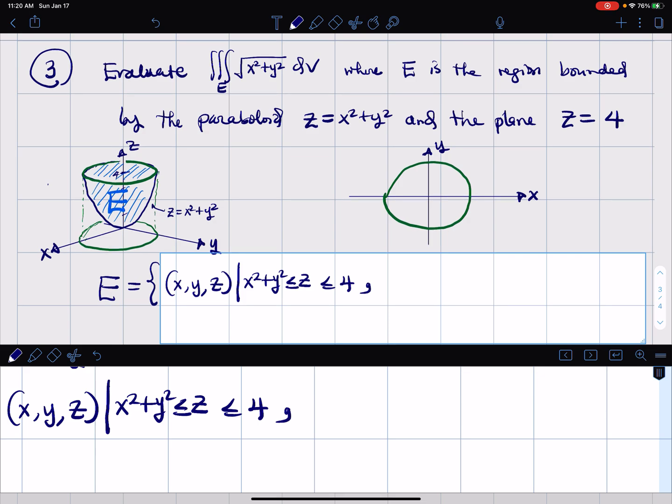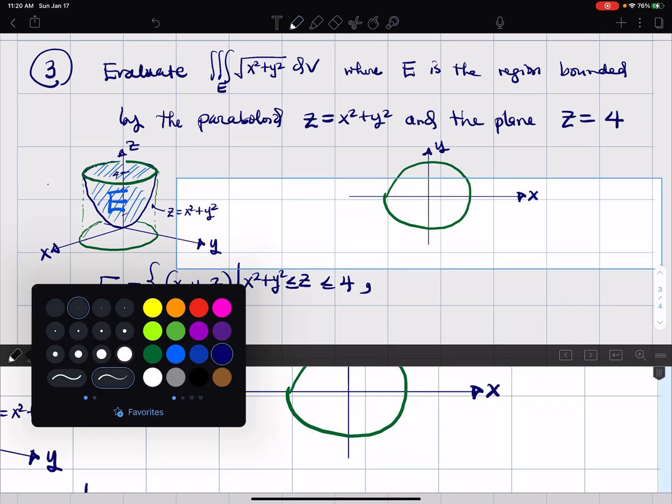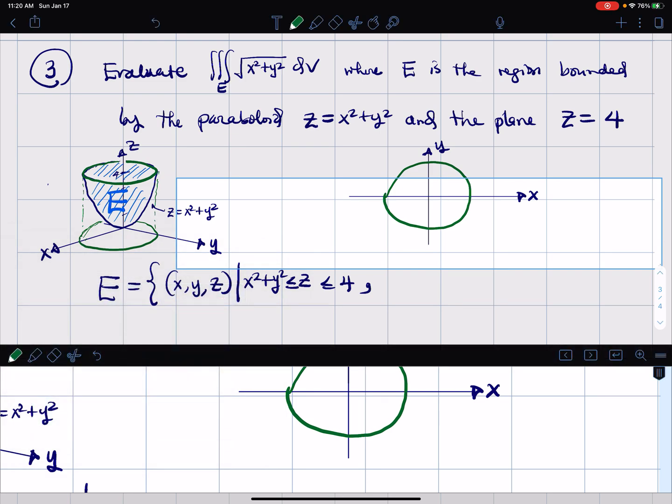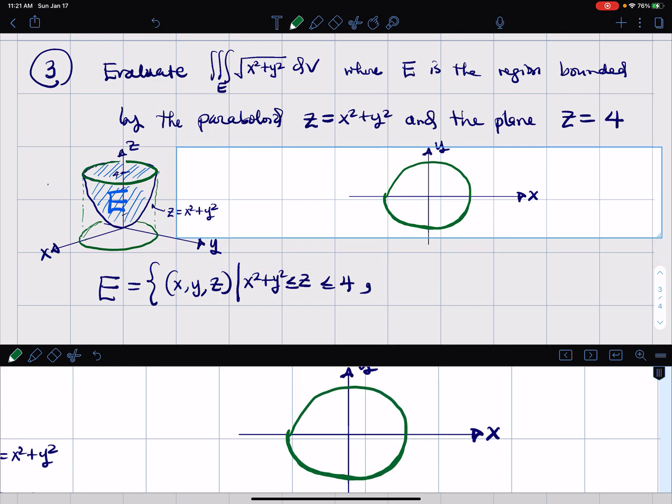Now, Y goes from this line. My circle is not perfect, but don't shade me. This is the line y equals negative square root of x squared plus 4. No.